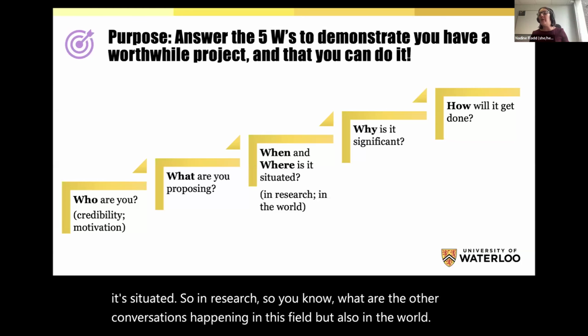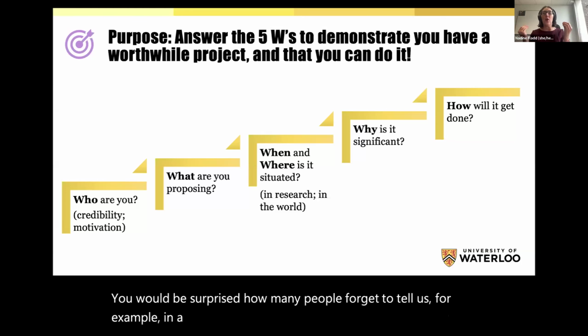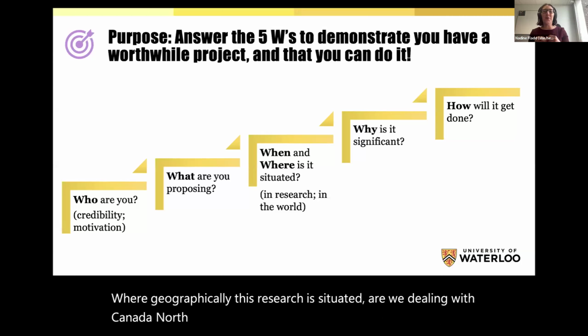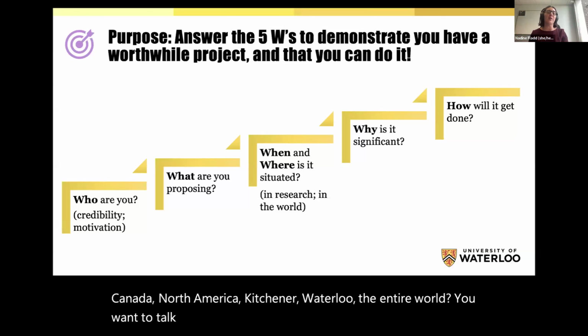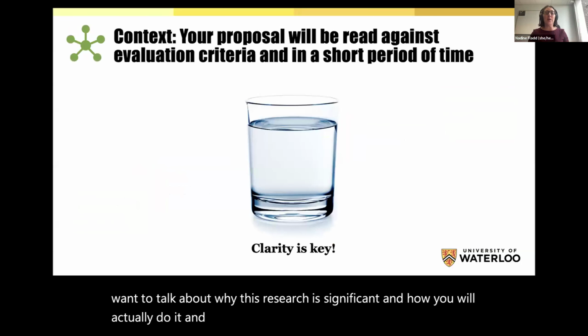You would be surprised how many people forget to tell us, for example, in a CIHR proposal, where geographically this research is situated. Are we dealing with Canada, North America, Kitchener-Waterloo, the entire world? You want to talk about why this research is significant and how you will actually do it. And so that's our purpose.